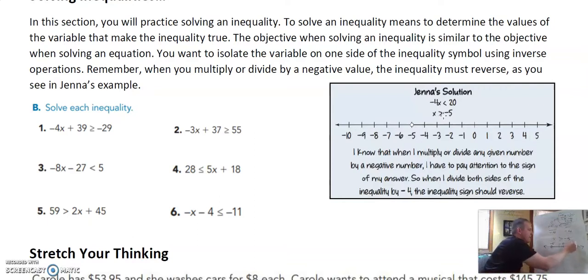What about positive 10? 10 times -4 is -40, because a positive 10 and a -4 make -40. Is -40 less than 20? Yes, it is. So it works. So when you divide or multiply by a negative, you've got to flip the sign. Got all that? All right, let's try another one.